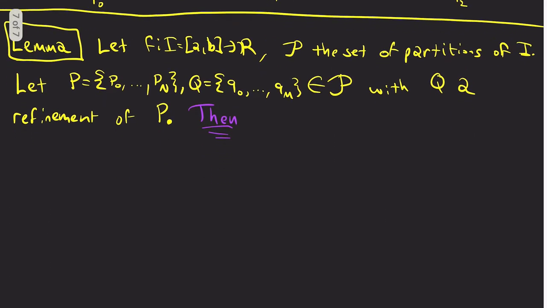So we're just going to prove one result in this video. It's sort of a basic building block that we're going to use over and over for the remainder of this section.